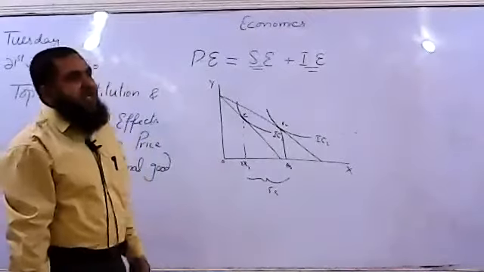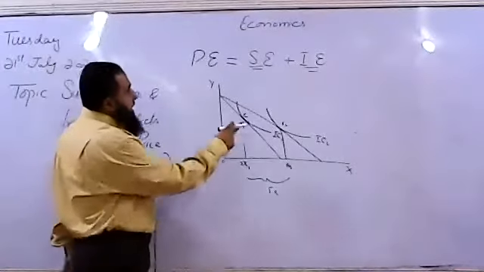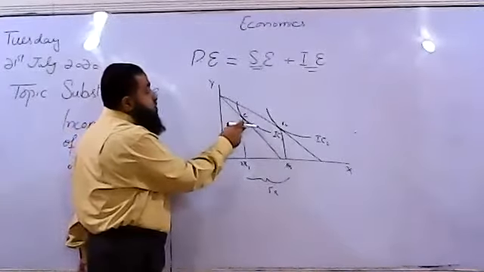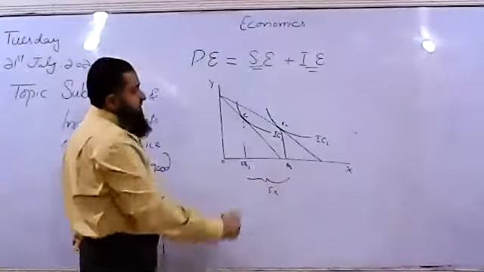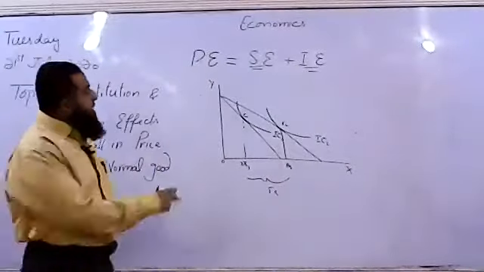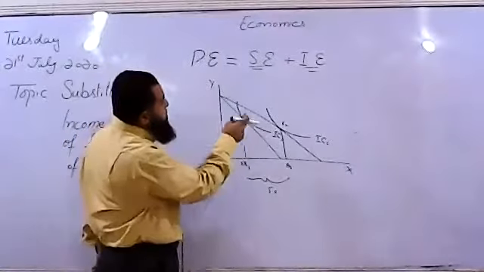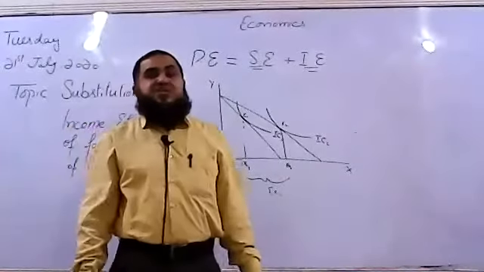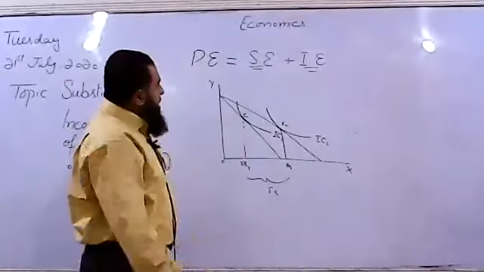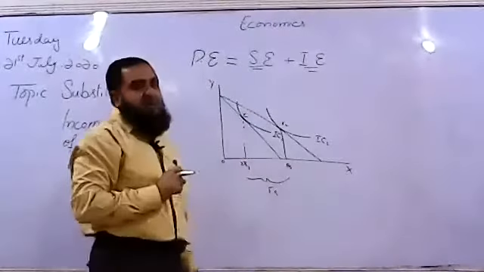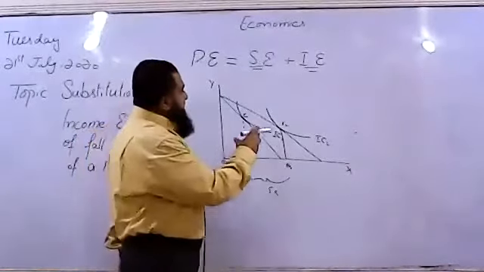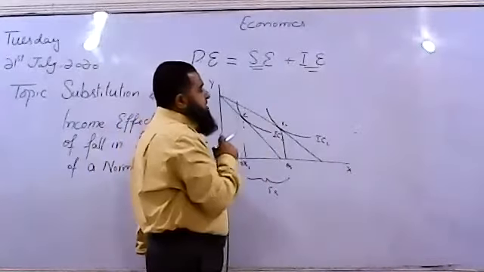In order to see the substitution effect, if consumer is consuming along his previous indifference curve at this new price level, how many units of Y will he be substituting with X? This is the substitution effect. In order to approach his previous indifference curve at new price level, we take away the increase in the real income of the consumer.